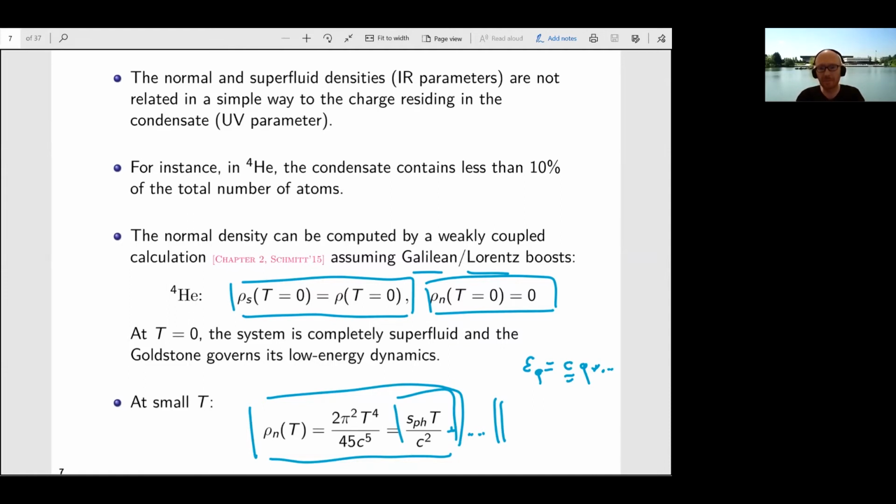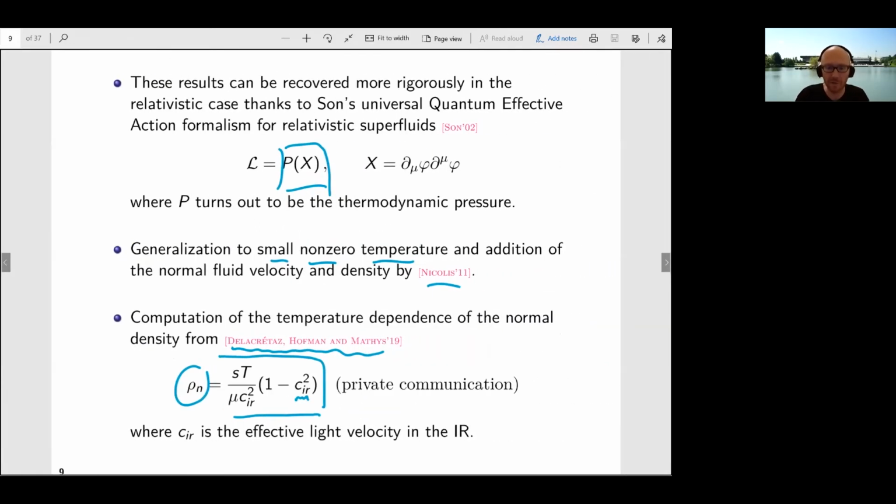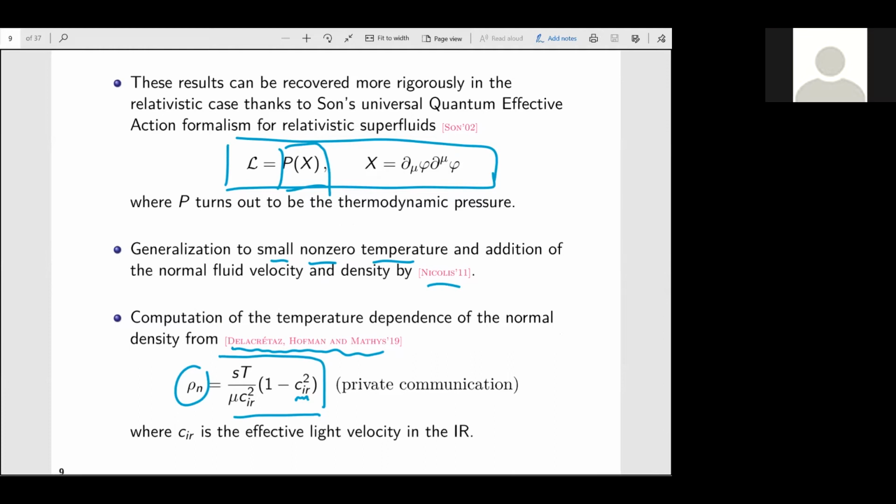So actually, the way that this C is related to this C IR: in the quantum effective action formalism, C really is the speed of light. But it's the speed of light of this particular effective theory, which may not be the UV speed of light. Sorry, why do you call it speed of light? It's the speed of the Goldstone, the waves of the Goldstone mode.